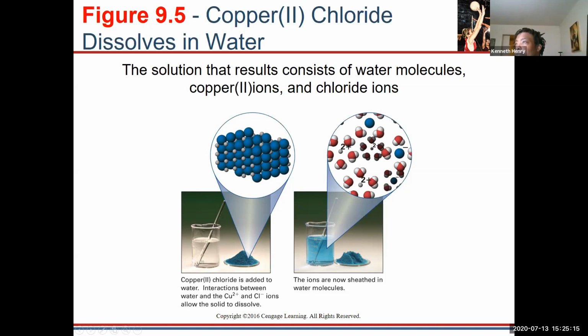So what is the chemical formula for copper(II) chloride?